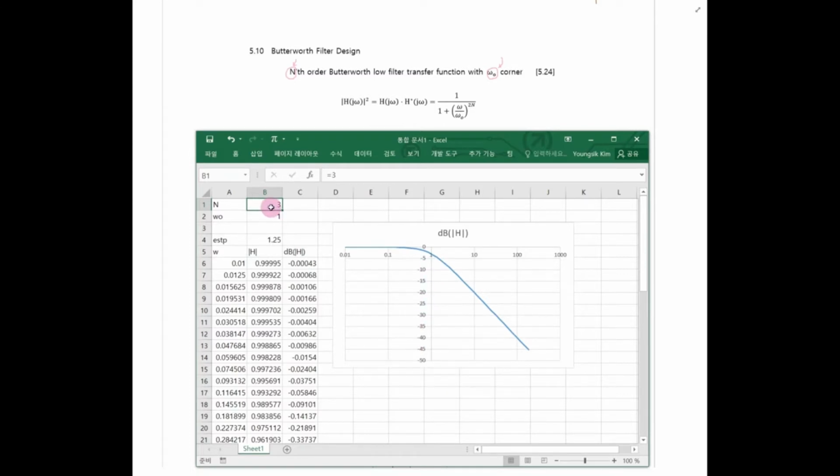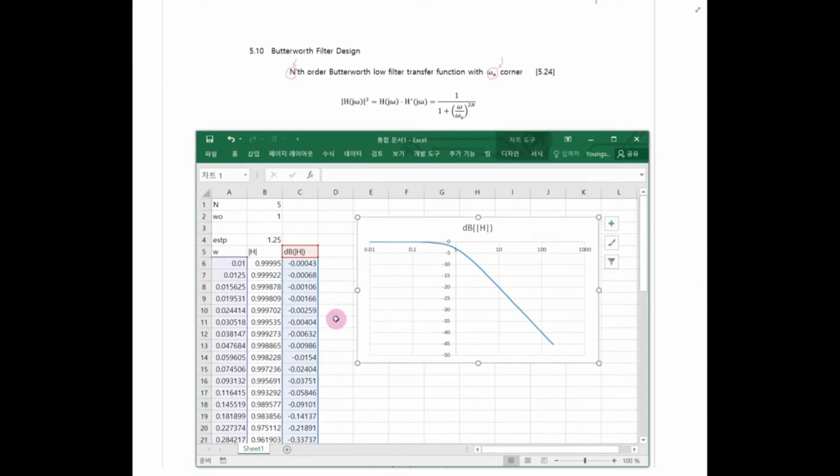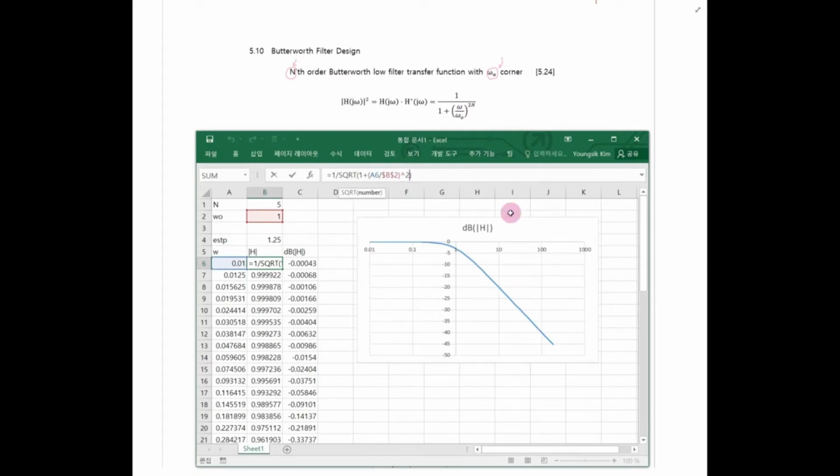What if I change the filter order to 4? Does that change anything? 5. Okay, I think I didn't include the filter order. The 2 to the n is omitted here, so I need to multiply 2 times n, not this one.